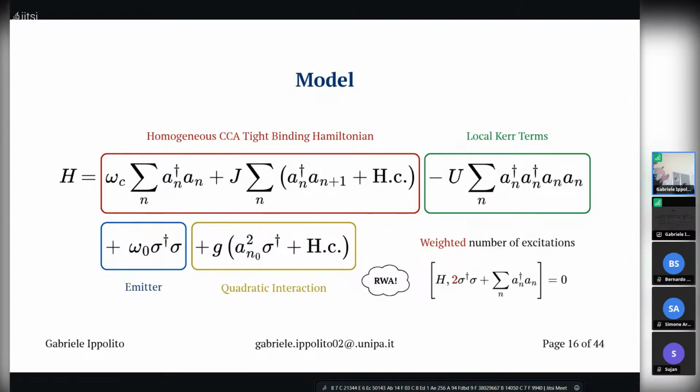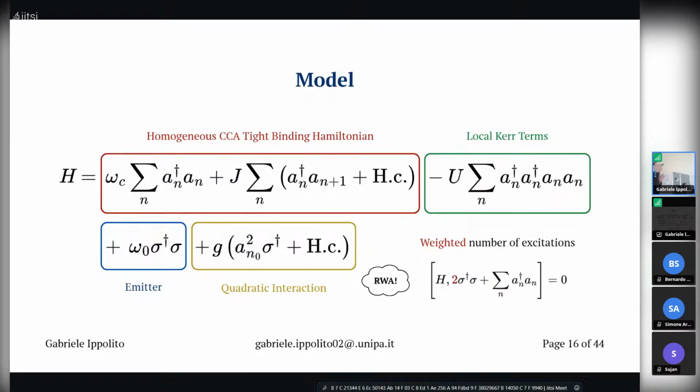We can, in principle, consider a local Kerr interaction that happens only if the two photons are inside the same cavity. You see, this is a local interaction. And next, we have the emitter term and the quadratic interaction that is derived from the two-photon Rabi model, but under the rotating wave approximation, because I am only interested in the weak coupling regime here.